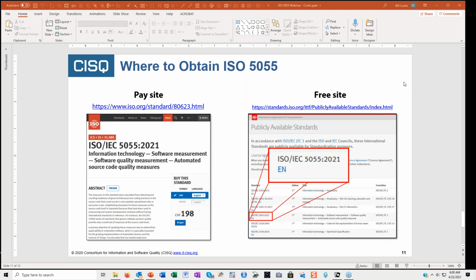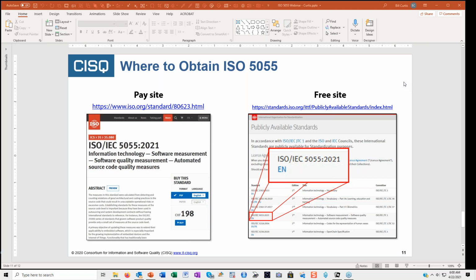There are some measures at the software level, but primarily it looks at the behavior of the software once it's in operation as a way to measure these characteristics. Whereas 5055 measures them in the software itself.